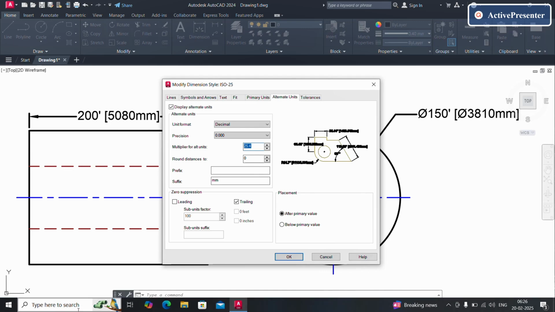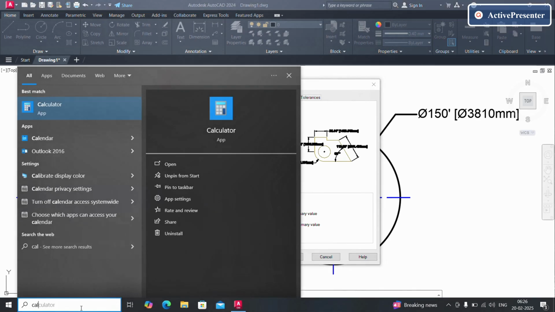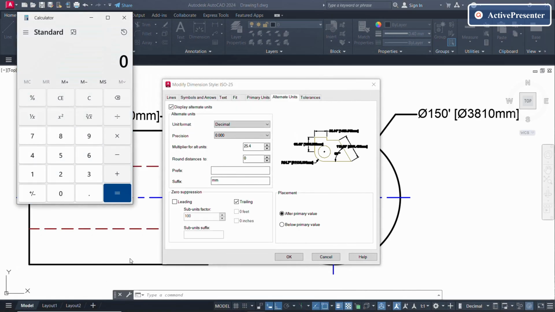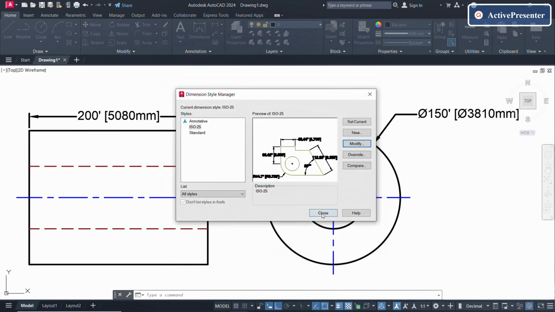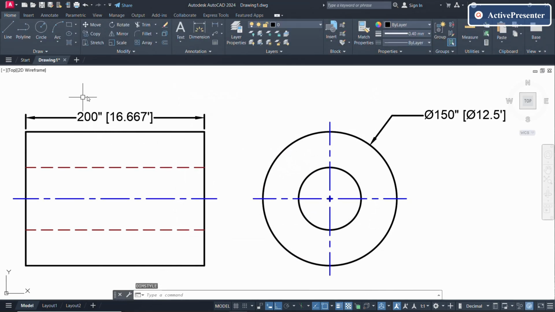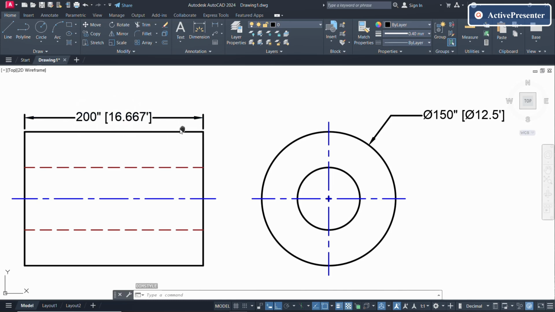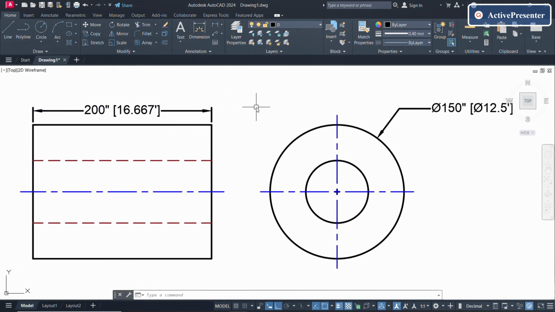Simple calculation, 1 by 12, 0.08333. So our multiply factor is 0.08333 for feet. Okay, close. So this is inch and this is feet. Like that we can apply dual dimension in AutoCAD.